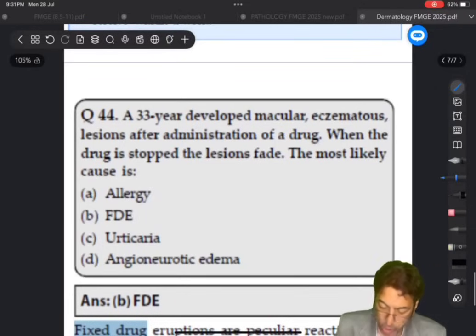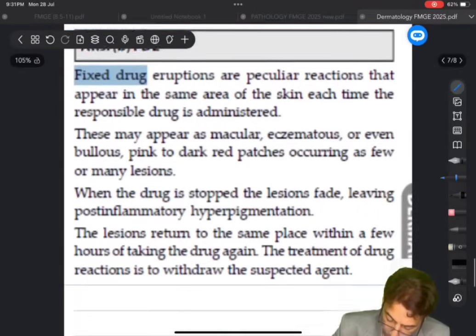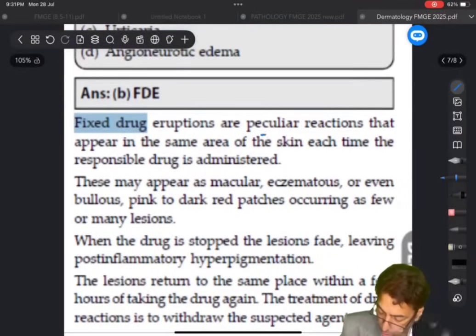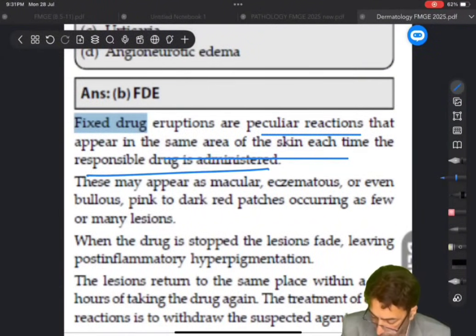Now, question number 44, fixed drug eruptions, a rash developing following administration of a drug, and they stop after the drug is stopped. I have mentioned peculiar reactions on the same area of the skin each time the drug is administered.